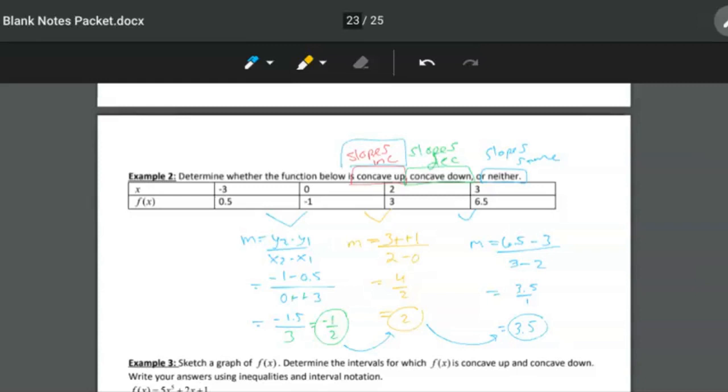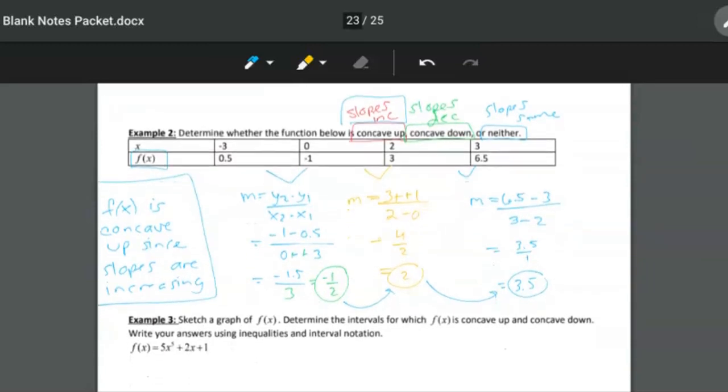So we know our graph is concave up. This graph is called f of x. We could say f of x is concave up, and we'll write how we know, since the slopes are increasing from left to right. That is how we know.